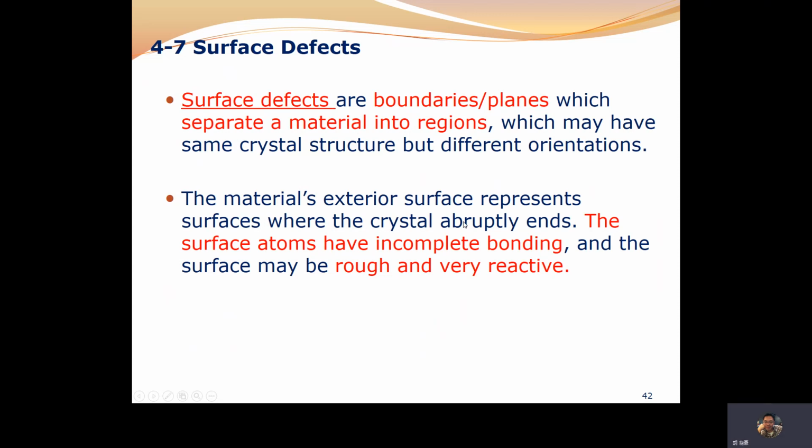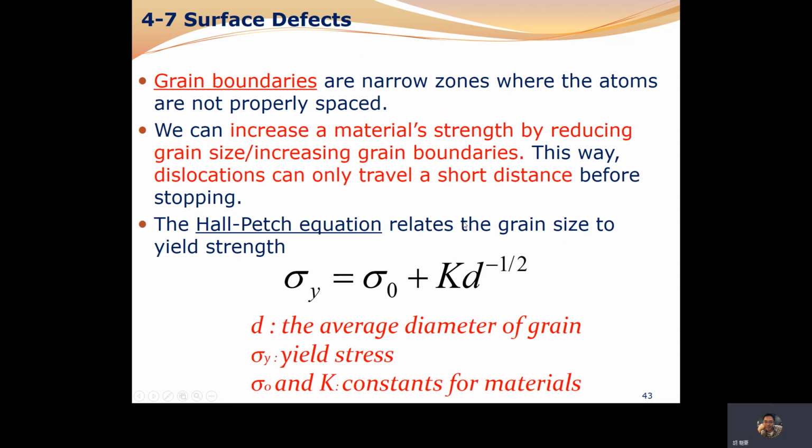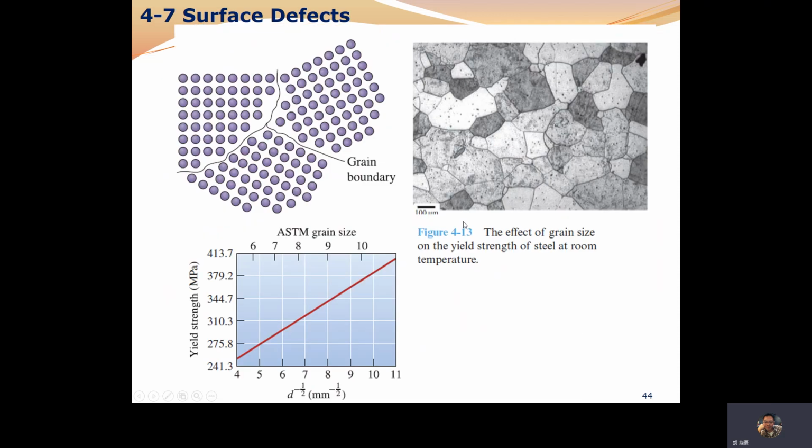Okay, let me show you a figure first. For example, this is an SEM, scanning electron microscope, image of a metal with different grain sizes and grain boundaries. For example, this is the grain size. This is a grain. This is a grain. This is a grain.